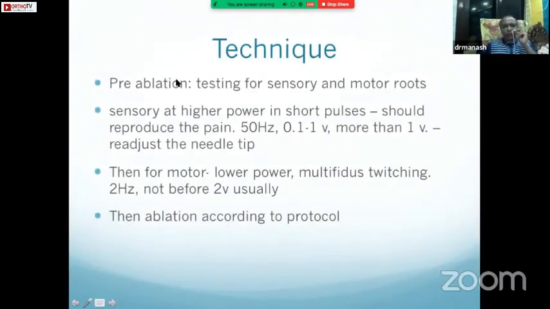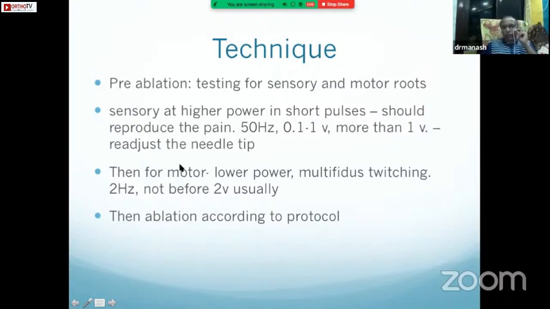Pre-ablation, we have to do testing for sensory and motor roots, and that is mandatory. Sensory testing, set at higher power in short pulses, should reproduce the pain. It is 50 Hertz, 0.1 to 1 volt. We gradually increase, and it should reproduce the pain by 0.5 volt. But if it is more than 1 volt, we have to readjust our needle.